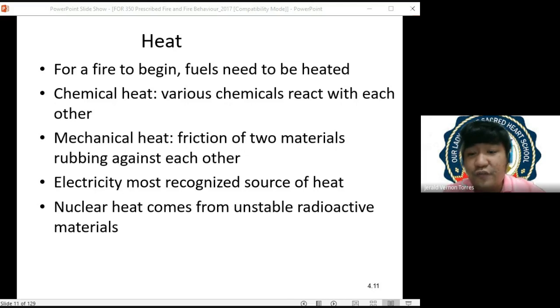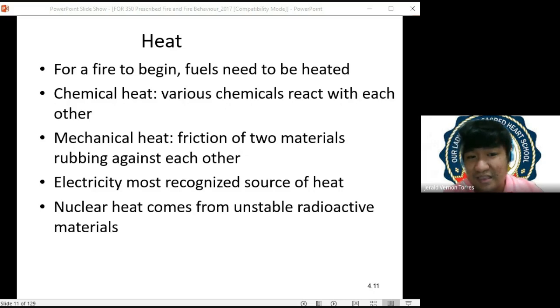And for the fuel to ignite, its temperature must rise to a point where it reaches what we call the flashover point. The flashover point is the point where the fuel starts to ignite. That only happens if there is enough heat energy to heat the fuel to ignite.